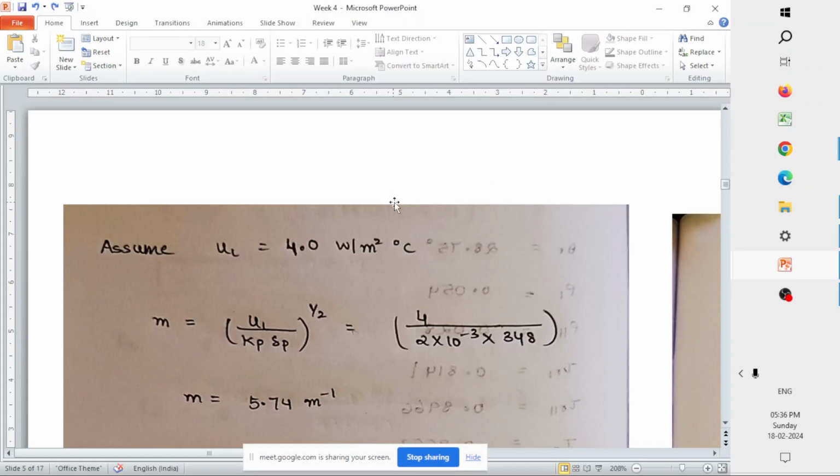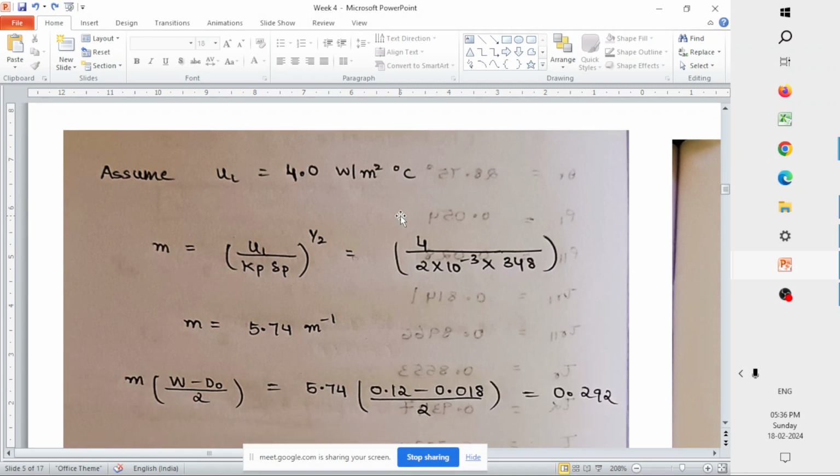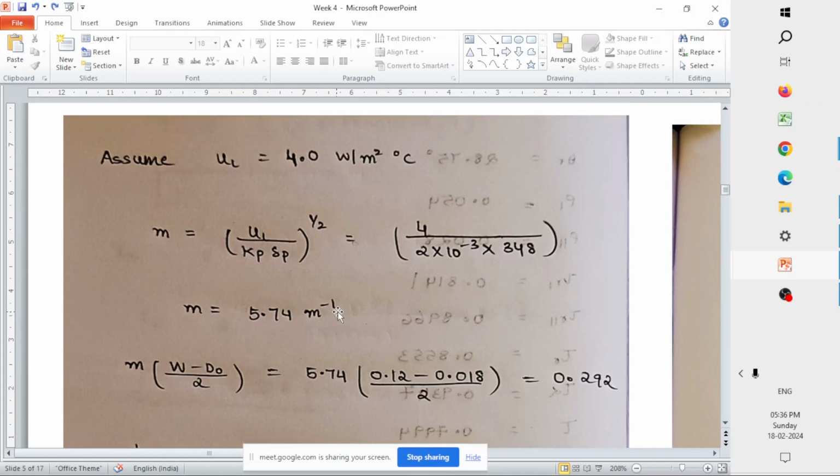Now is it visible? Just let me know whether it's visible in PowerPoint mode or shall I proceed with this zoomed version of the PPT.